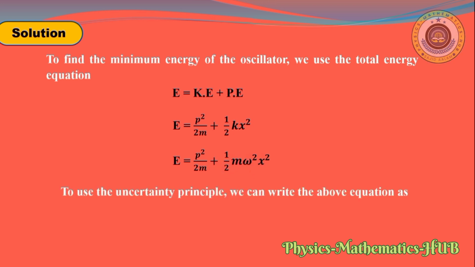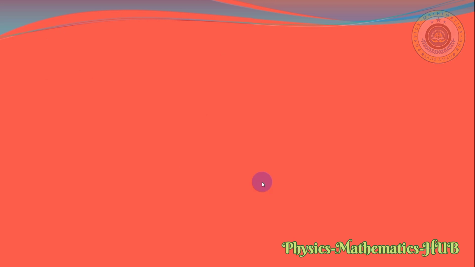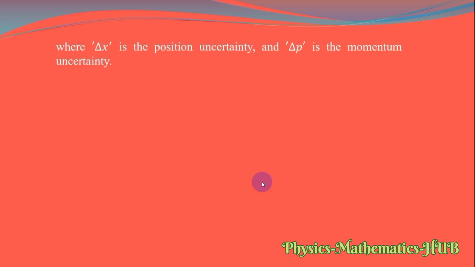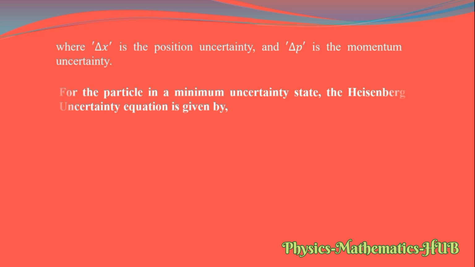To use the uncertainty principle, we can write the above equation as E is equal to del P square divided by 2m plus 1 over 2 m omega square del x square. Say this is equation 1, where del x is the position uncertainty and del P is the momentum uncertainty.